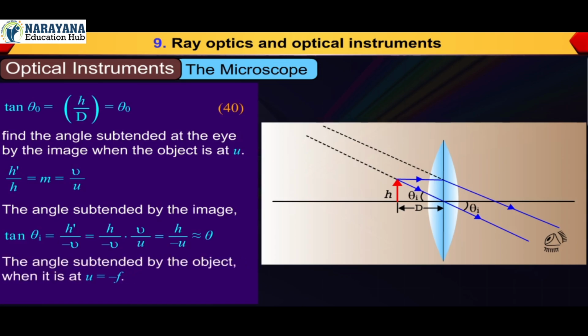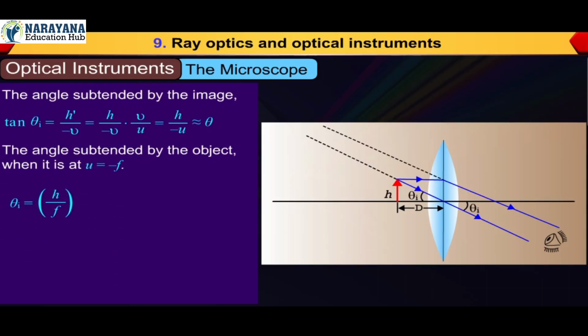The angle subtended by the object when it is at u = -f: θI = h/f. Equation 41. As is clear from the figure, the angular magnification is m = θI/θ0 = D/f. Equation 42.